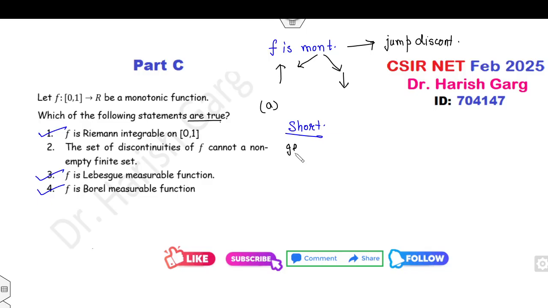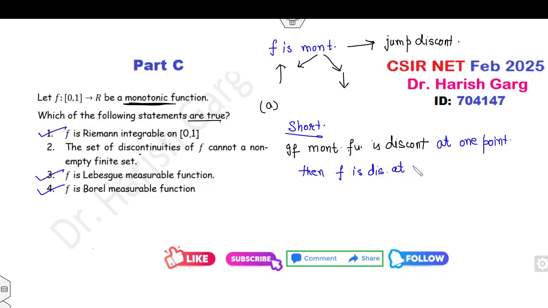Now also remember, if the monotonic function is discontinuous, because they are not talking about whether the function is continuous or discontinuous, say at one point, then what does it mean? Then f is discontinuous at infinitely many points.